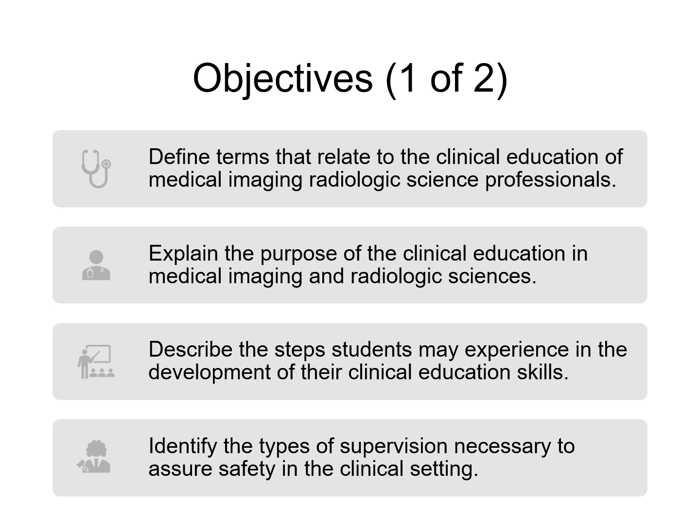The steps the students may experience in the development of their clinical education skills, it's very natural. The way that we learned how to do performance tasks is we watch it. Maybe we read up. If it's rather complex, we read up on it or get a lesson about it first in a separate setting, like a classroom setting.